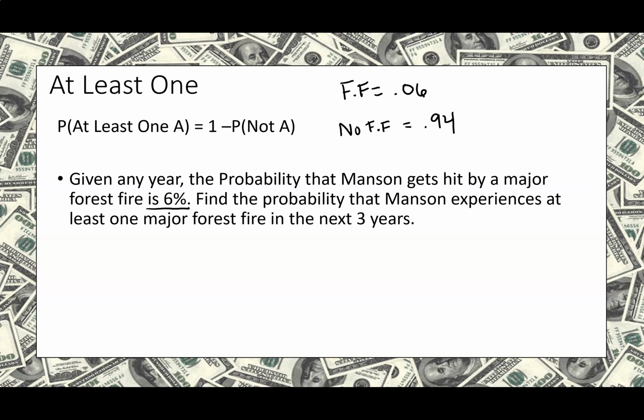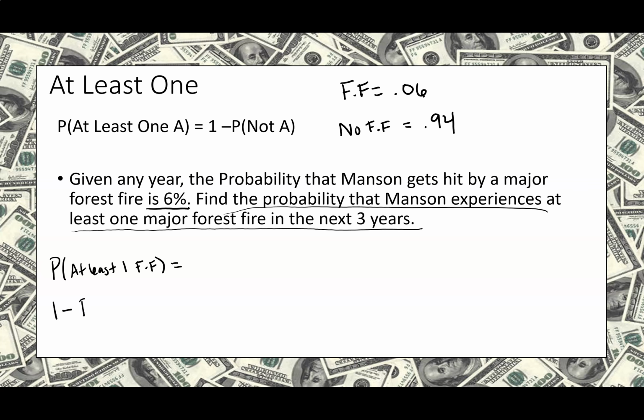So this question is saying find the probability that Manson experiences at least 1 major forest fire. So the probability of Manson experiencing at least 1 forest fire is going to be equal to 1 minus the probability of no forest fire all 3 years. So that would be no forest fires, no forest fires, no forest fires.